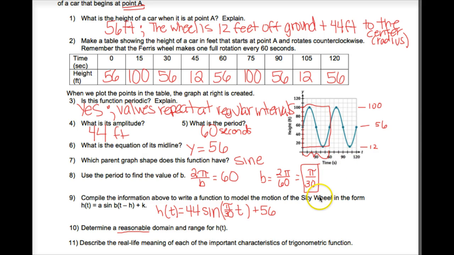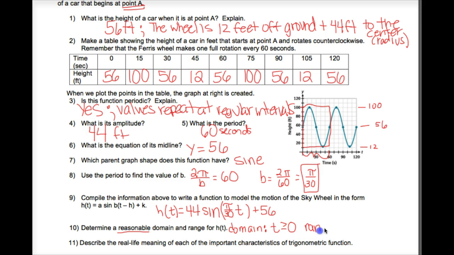So we have to think about what makes sense for the real life situation. So since this is time, we know that time can't be negative. So when we go to write our reasonable domain, we would say that t, because that's our variable here for domain, has to be greater than or equal to 0, because you can't have negative time. So that's a reasonable domain.